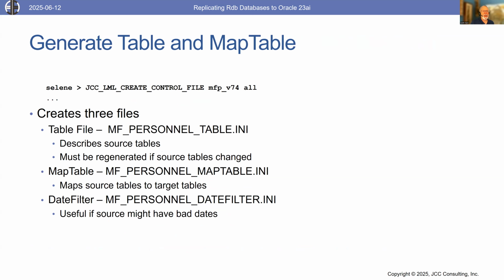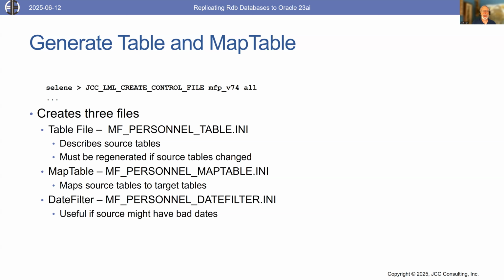I then need some additional files. I need a file that describes the source data, and a file that describes the target, how things map to the target, and this is going to implicitly create a date filter file, and I'll come back to that in a moment. So the source file describes the data that we're going to get out of the RMU unload/after.